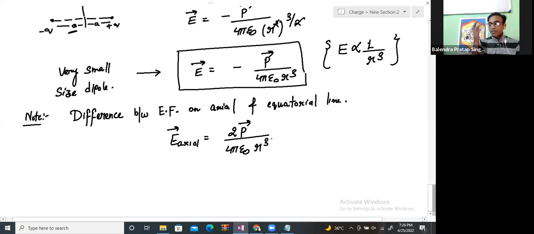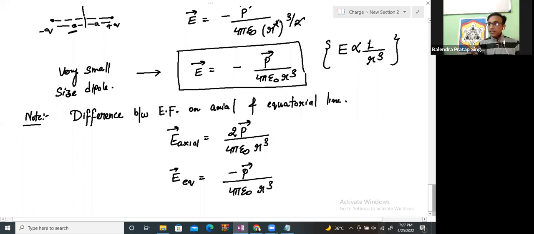If we apply the condition when x or r is much greater than a, then the electric field at axial line is 2p over 4 pi epsilon naught r cube. And the electric field at equatorial line is minus vector p divided by 4 pi epsilon naught r cube.